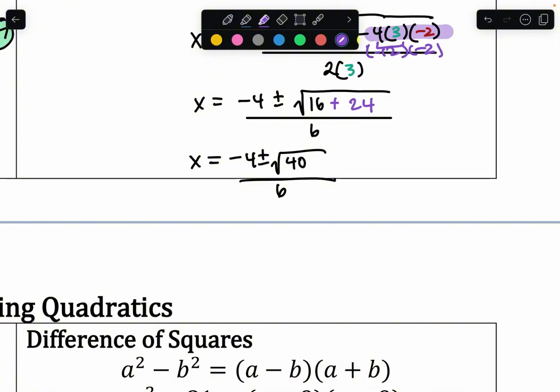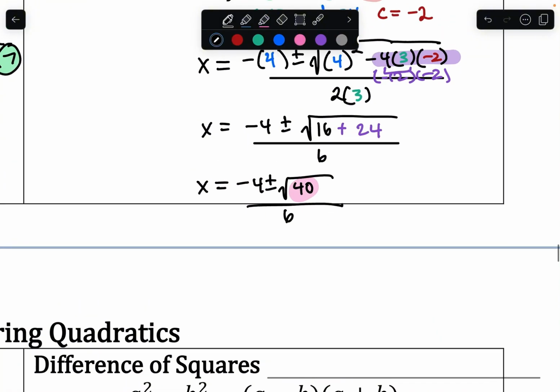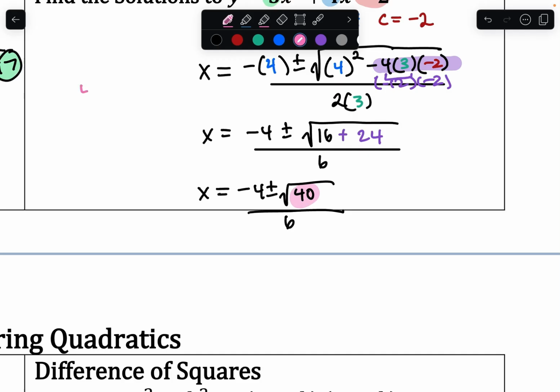And now we just have to try to simplify this square root of 40. So off to the side, we know that is 4 times 10. 10 is 2 times 5. 4 is 2 times 2. Here's all my primes. We have a pair of 2's. And then we have a lonely 2 and a lonely 5.